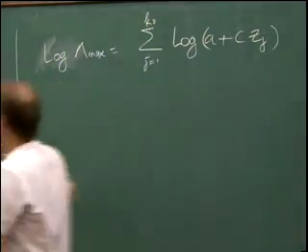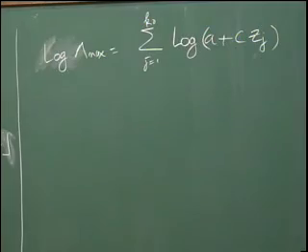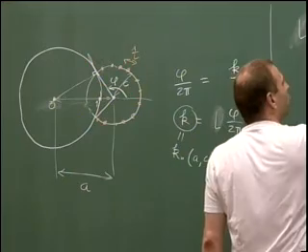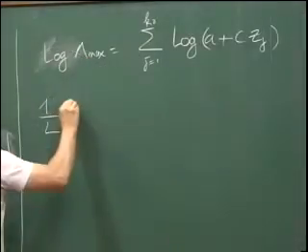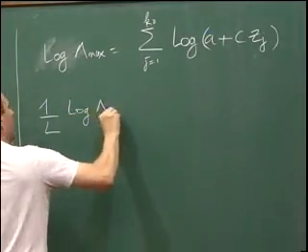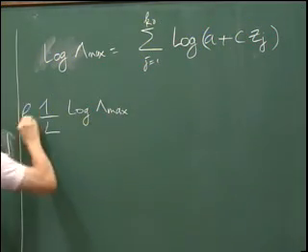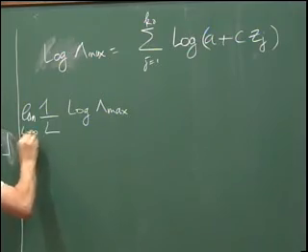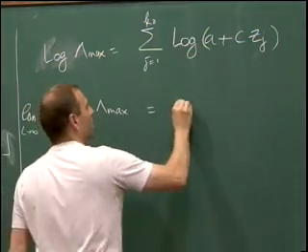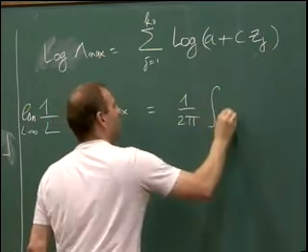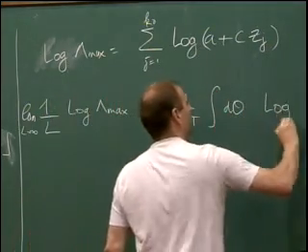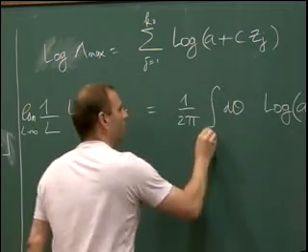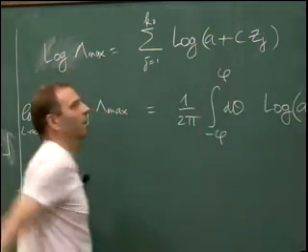And for the Zj, I'm supposed to take these orange points. Now it's not difficult to see what this will go over. So I can now divide by L. The log of lambda max over L will have a limit, as L goes to infinity, which is just 1 over 2 pi integral d theta of log of A plus C e to the i theta, from minus phi to phi.